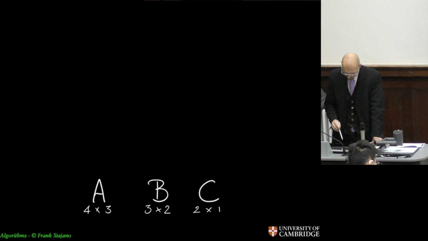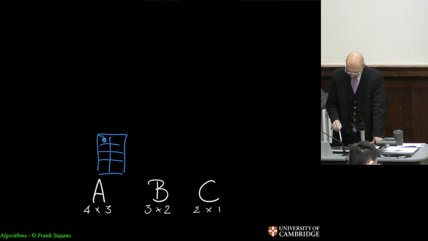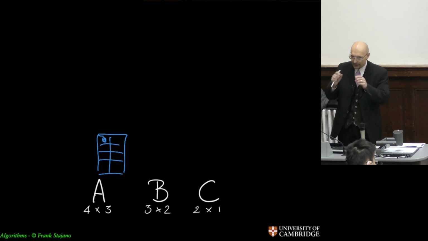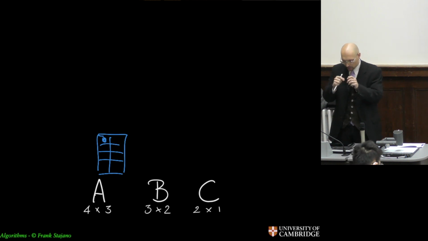Well, these two matrices will result in a matrix of size 4 by 2, and in every one of those cells, I have to have a row vector here and a column vector from here, for every entry of which I will have to do a multiplication, then add them all together and stick them in here.